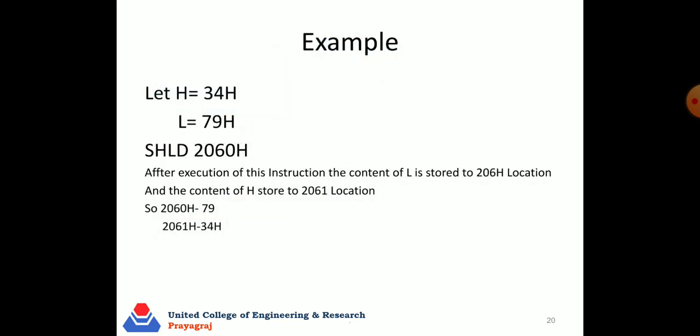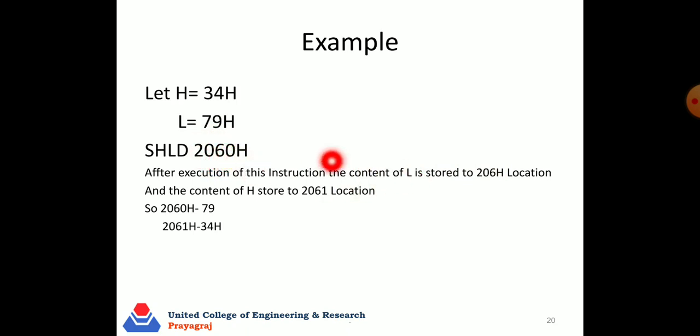We take another example. Suppose we have 34H in H and 79H in L. After execution of SHLD 2060H, the content of L is stored to 2060H. Sorry, it was written by mistake. It is 2060H.